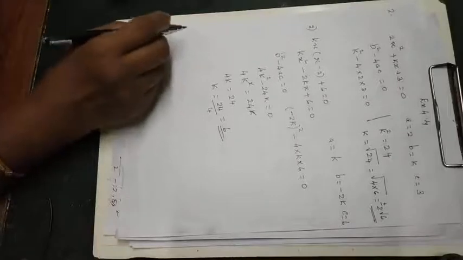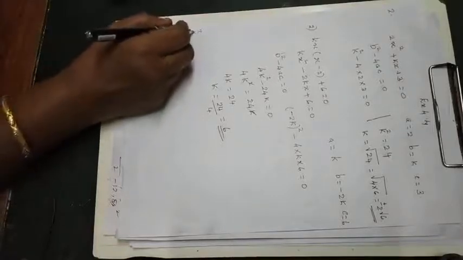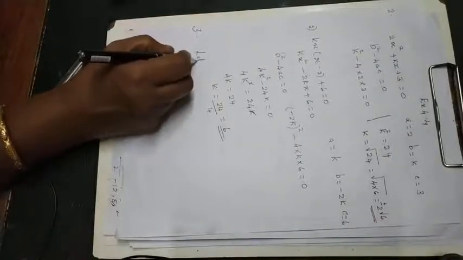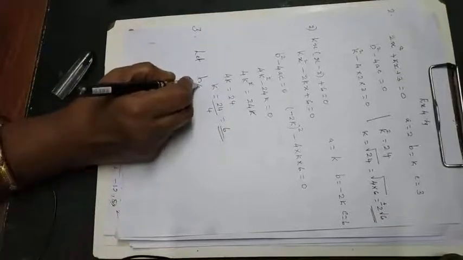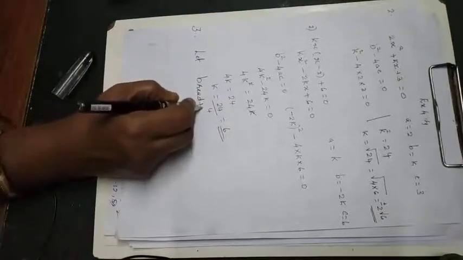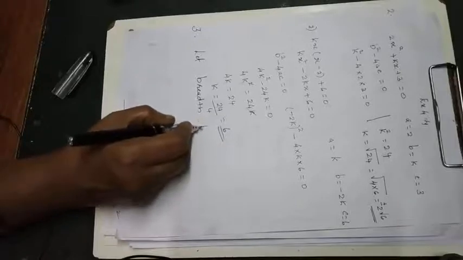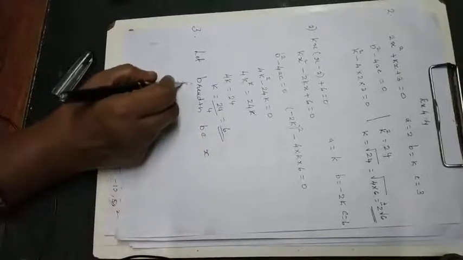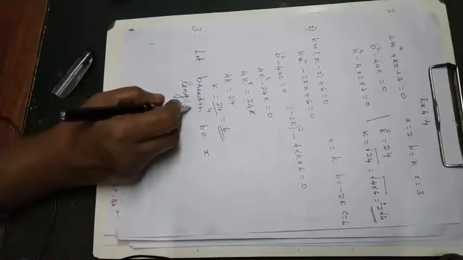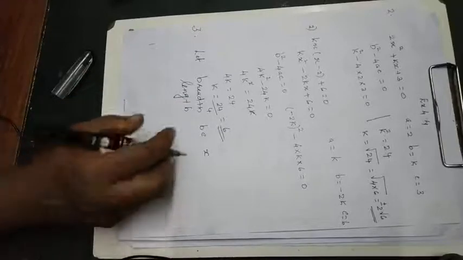So it is a question whether we can form a rectangular mango grove whose length is twice its breadth. Let us first form the equation. Let breadth, the smallest one, be x. So what will be the length? It is given twice its breadth.